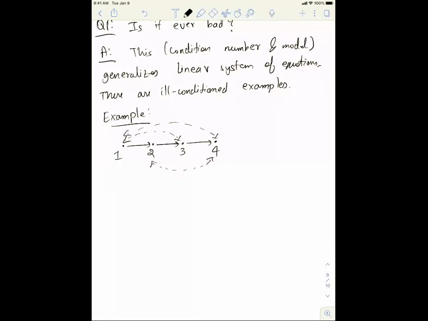And the omega you can define as follows. So you have epsilon, some parameter which you can control to get an arbitrarily bad condition number.